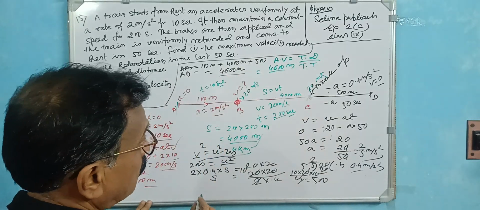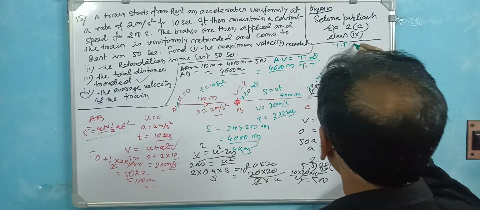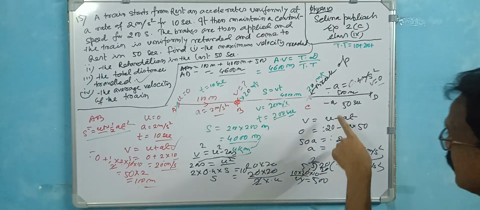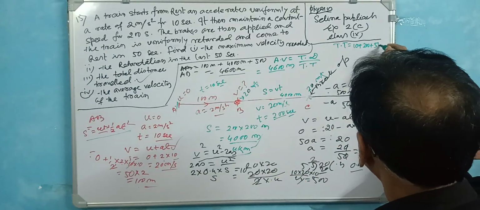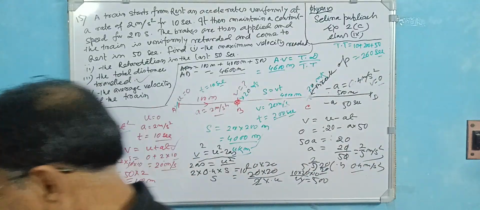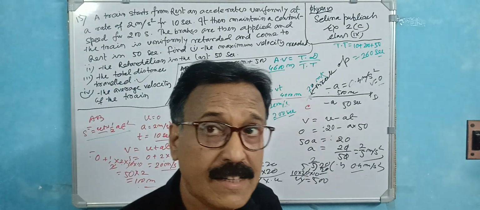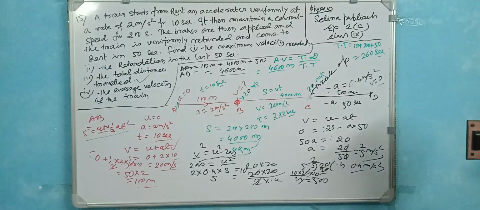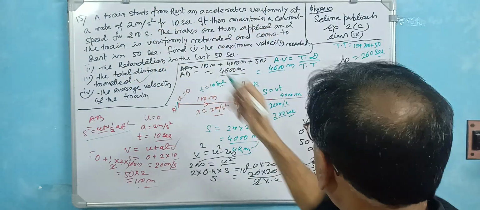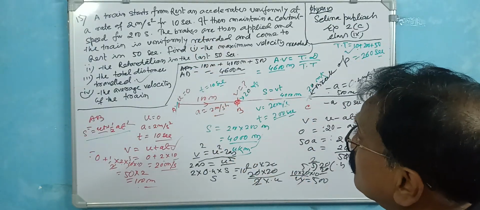So total time is 10 plus 200 plus 50, 260 seconds. It accelerates uniformly for 10 seconds, from this to this is 10 seconds.